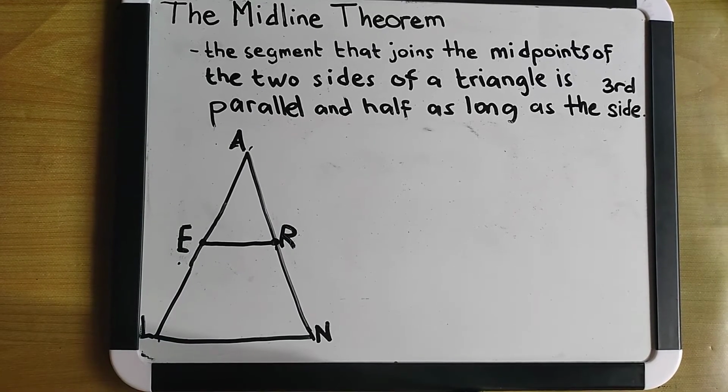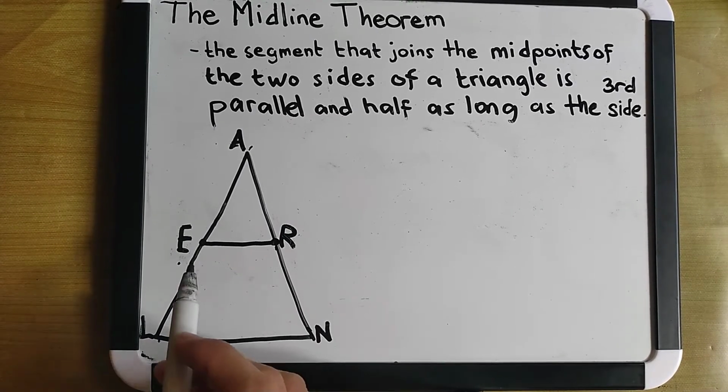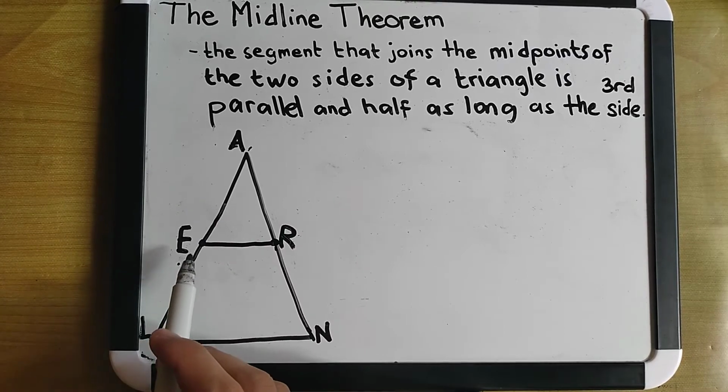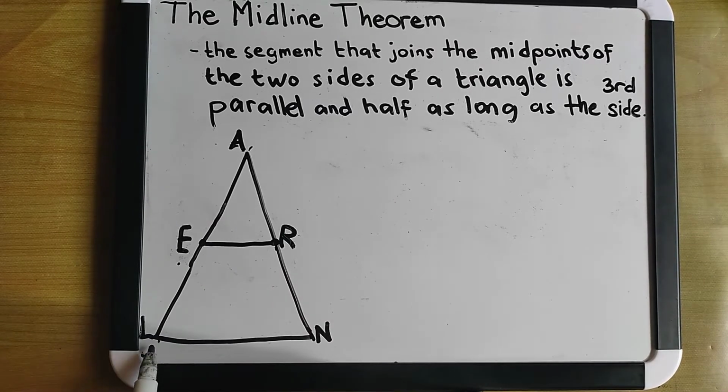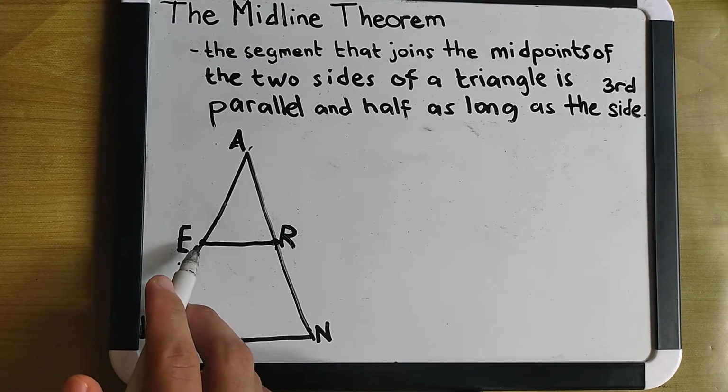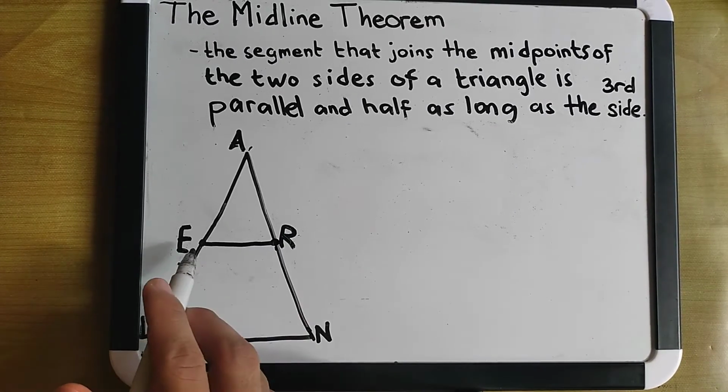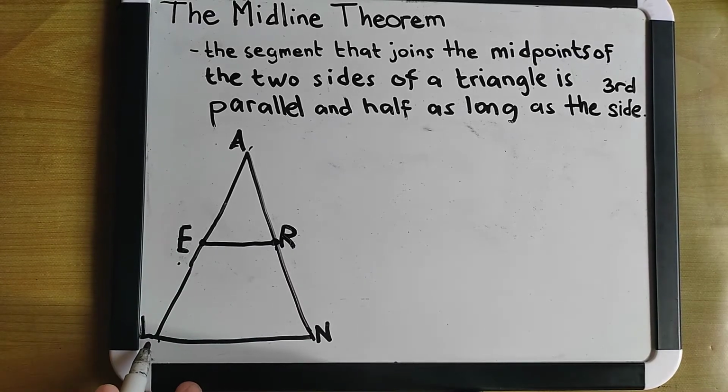The theorem tells us that this mid-segment or midline ER is half as long as LN. This means that side LN, or the third side of the triangle, is twice as long as the mid-segment ER, or ER is half as long as the third side LN.